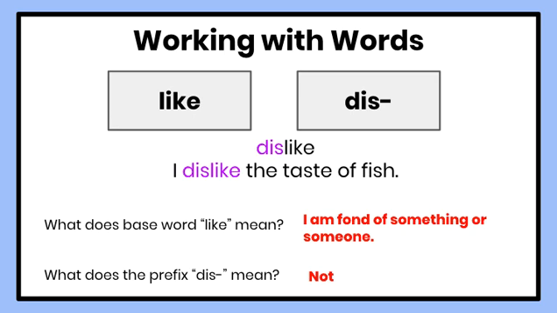Before, this meant that you liked something or you were fond of something or someone. But as soon as we added our prefix dis to it, it changed the meaning of our base word to be the opposite or to be not. So I dislike the taste of fish means I do not like the taste of fish. I am not fond of something or someone.